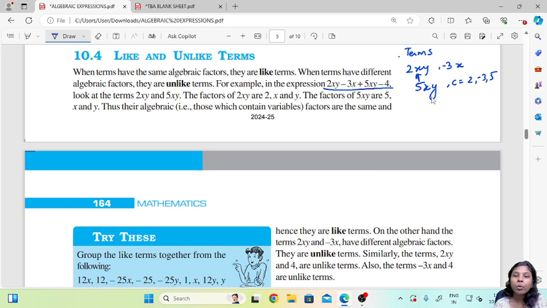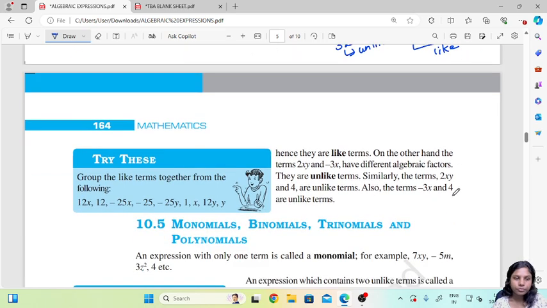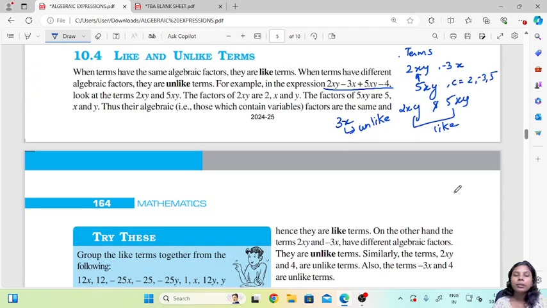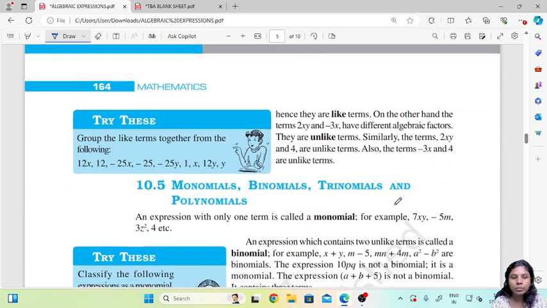So 2xy and 5xy are what? They are like terms. Why? Because their variables are same. Whereas 3x is what? Unlike term, because it doesn't have the y term to it. So the terms which have same variables are known as like terms. Which don't have the same variable, they are known as unlike terms.